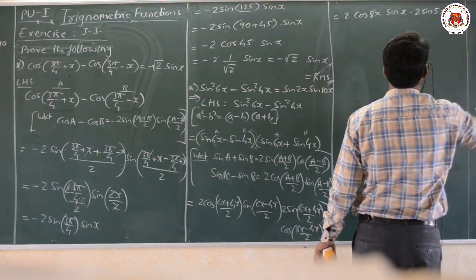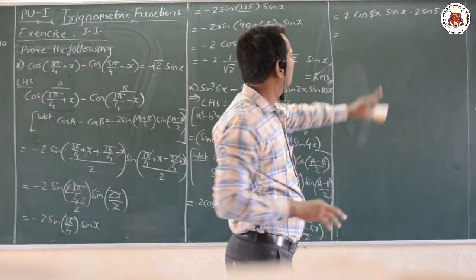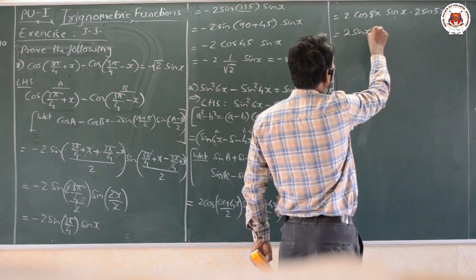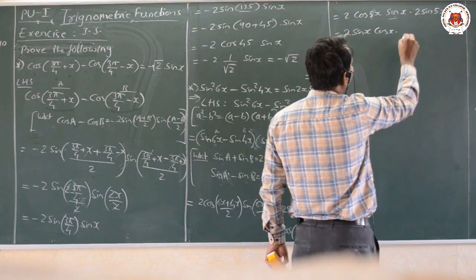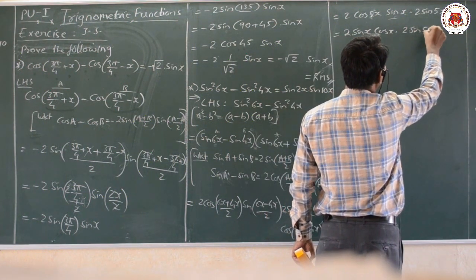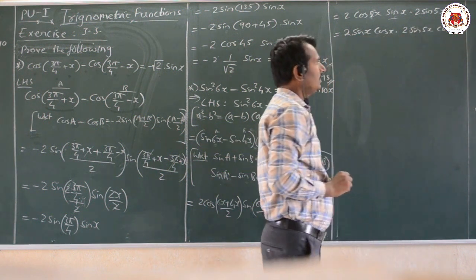Now since all the terms are multiplied, I will write down 2 sin x into cos x, and then 2 sin 5x into cos 5x.